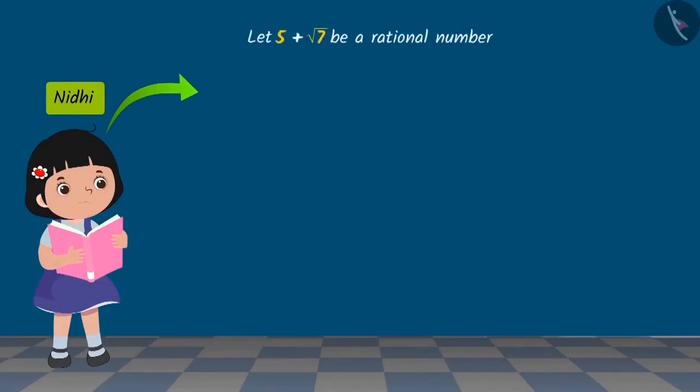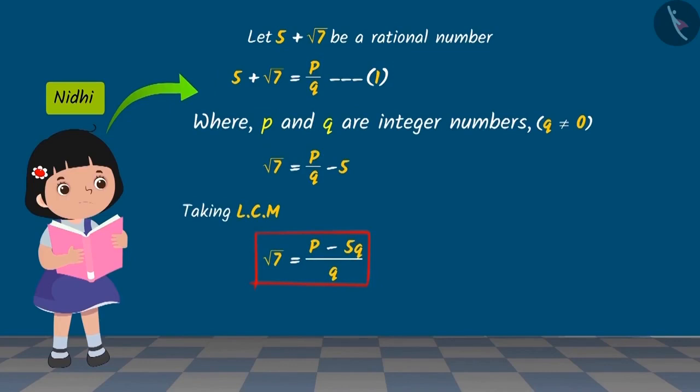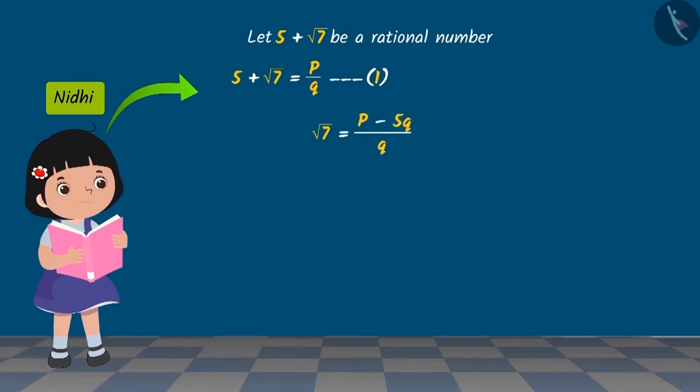Nidhi assumes that 5 plus square root of 7 is a rational number, which is written as P upon Q, where P and Q are integers. On rearranging equation 1, we get square root of 7 equals P minus 5Q upon Q. You will remember that the difference of rational numbers is also a rational number.